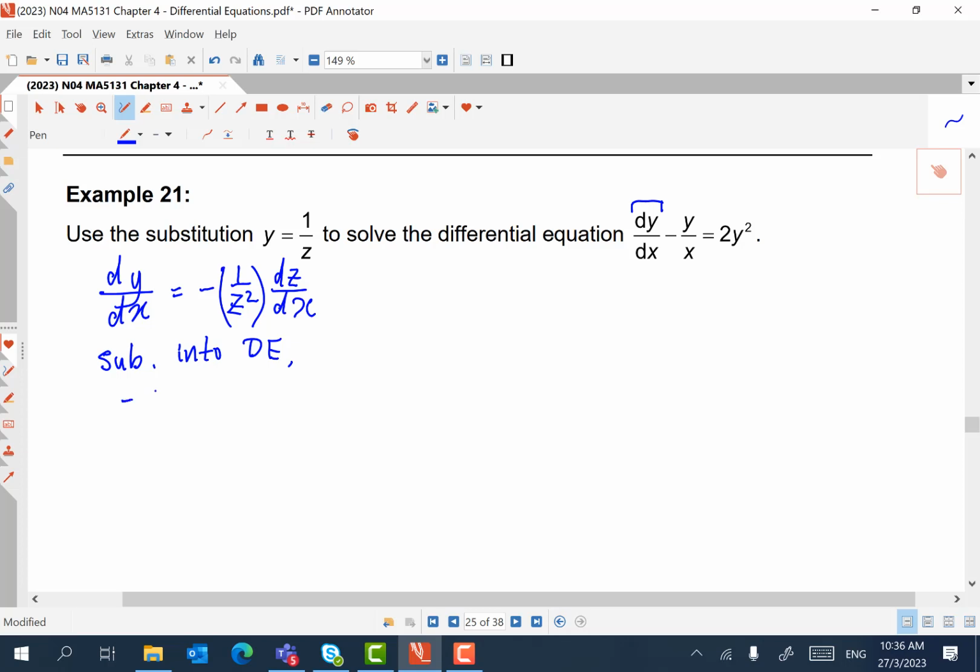You get minus 1 over z square dz dx minus 1 over x z equals to 2. Right. So after you have differentiated the given substitution, you will plug it into the DE, and then you get this line.